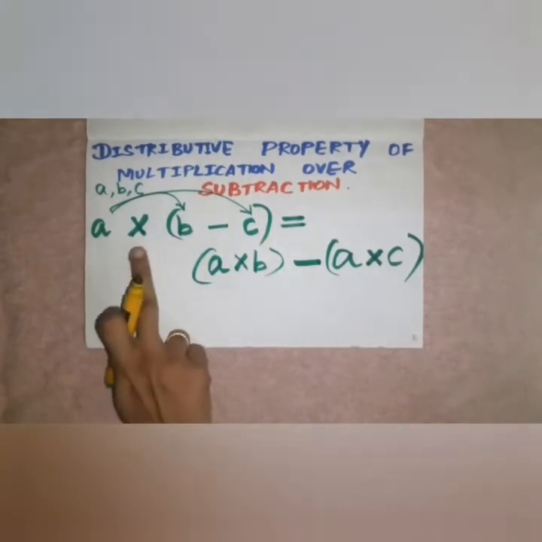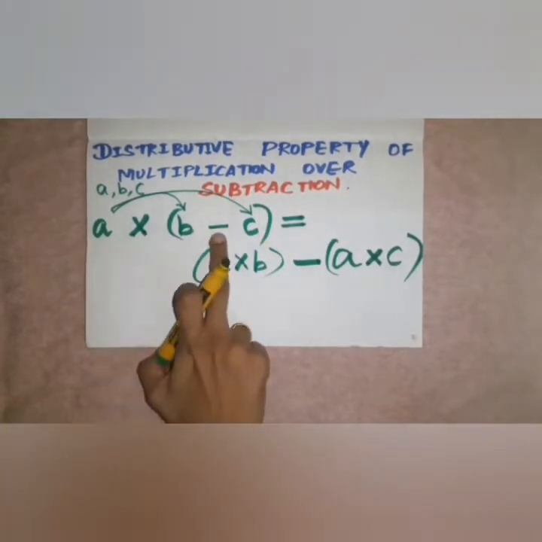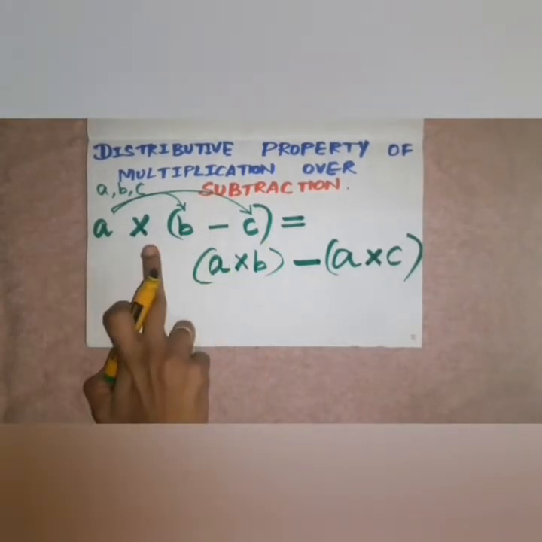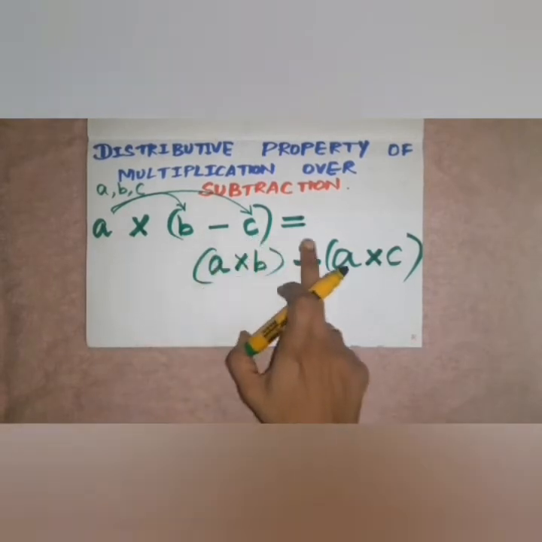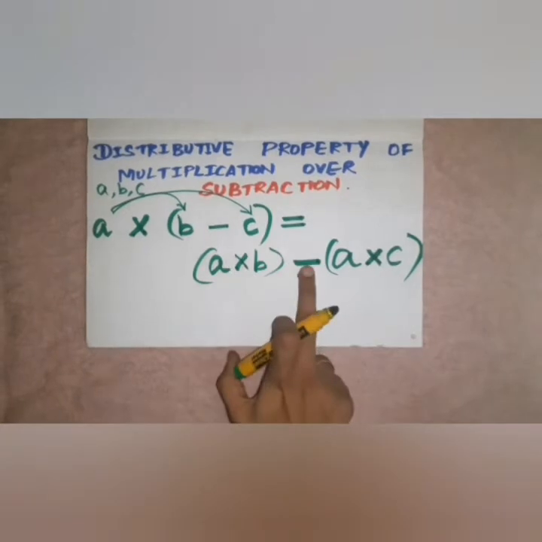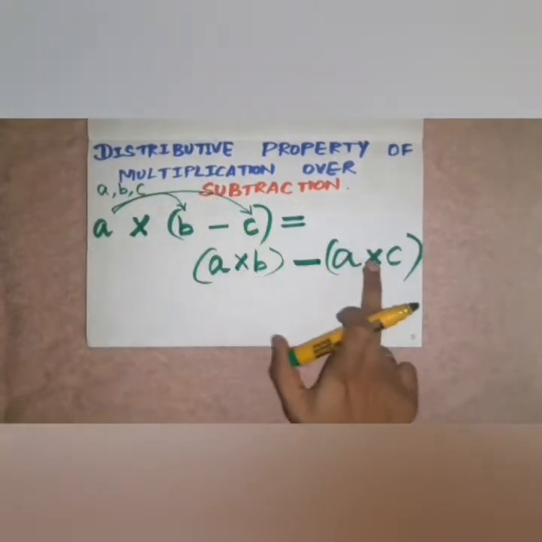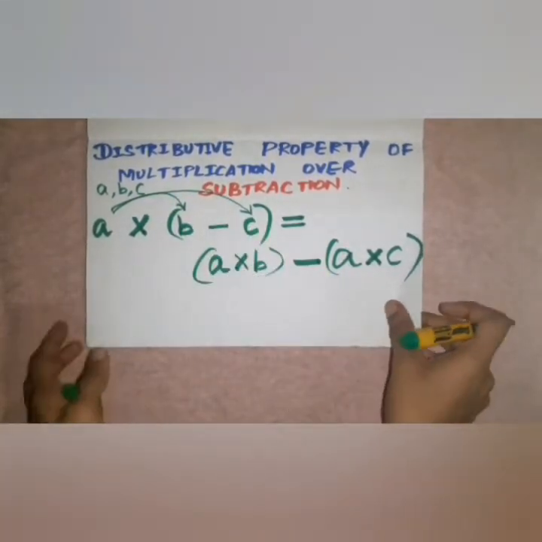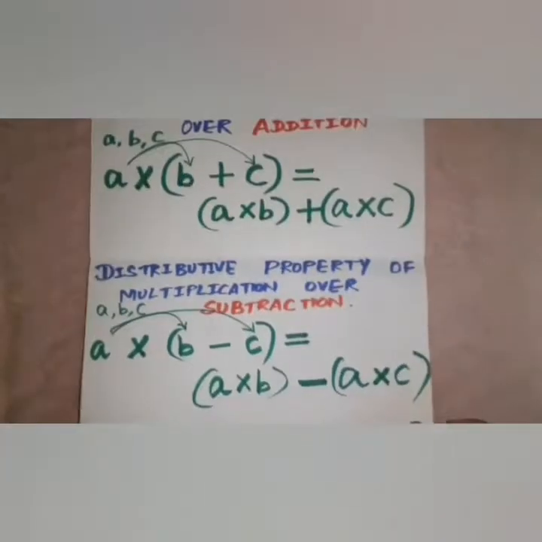So it's the distributive property of multiplication over subtraction: A into (B minus C) is equal to A into B minus A into C. Clear? So let's see some problems.